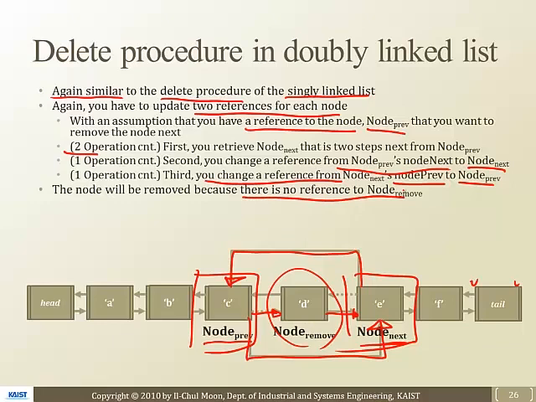After this operation, you have this nice chain, and then you come back here and go like this, and then again like this, and then like this. So you have a nicely chained doubly linked list.